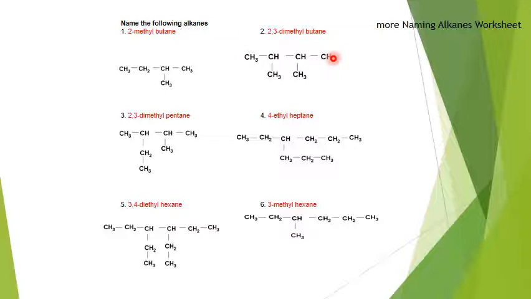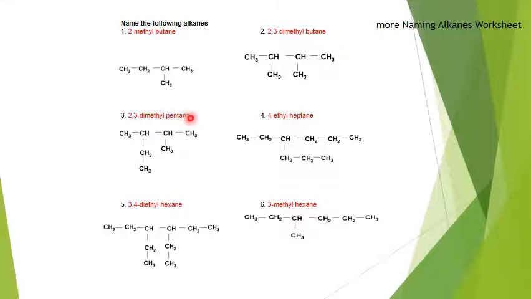Okay, next one. The structure here has 4 carbons. So it's a butane, and there's methyls coming off of the chain. Either direction will give you the same answer. So it's going to be 2,3-dimethylbutane. All right, next one. Okay, got to be careful with this one. If you go straight across, you get the wrong answer.